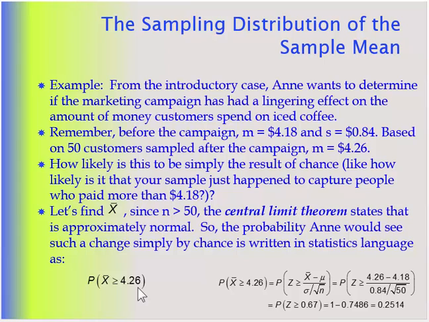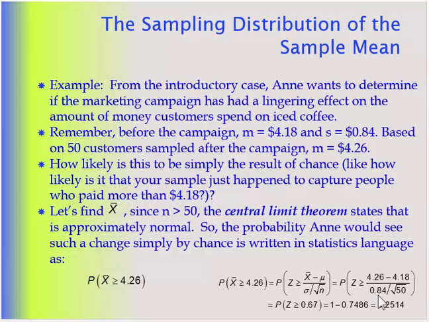So we want to compute the probability that people are spending $4.26 just by happenstance. So we want the probability that X is greater than $4.26, and we do our calculation.